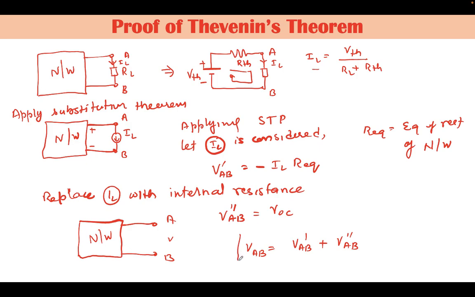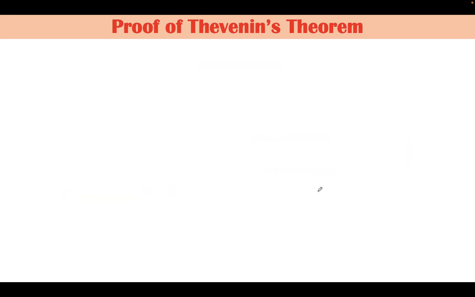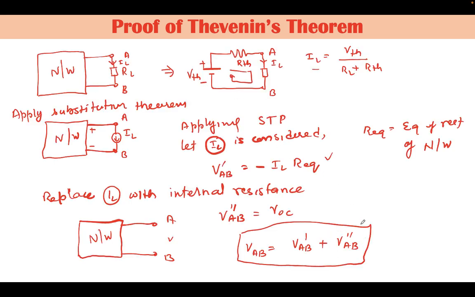This is nothing but the concept of the superposition theorem. Now, by definition, we know VAB dash is equal to minus IL R equivalent. Putting in the values, VAB is equal to minus IL R equivalent plus VOC, because VAB double dash is nothing but VOC.